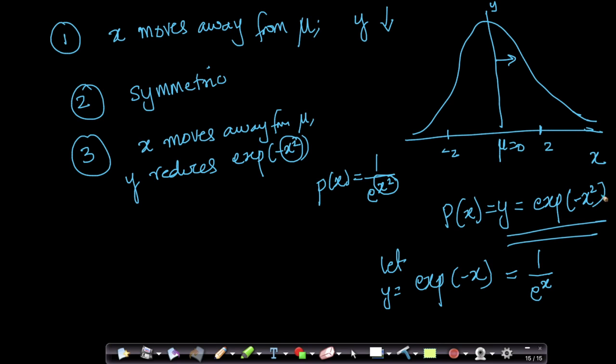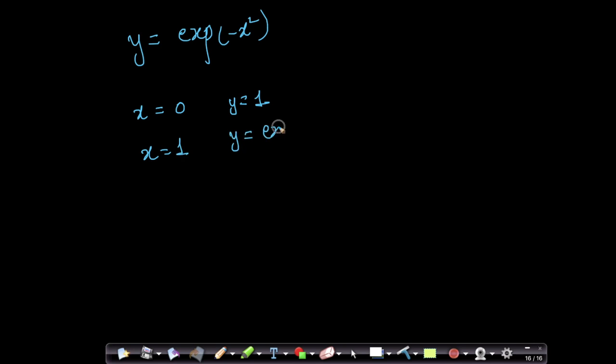Let's understand what this fall actually means with a small example. We have y equals to exp of minus x square. Let's assume x equals to 0, then y equals to 1 for this function. Let's not worry about probabilities. If x equals to 1, my y is exp of minus 1.